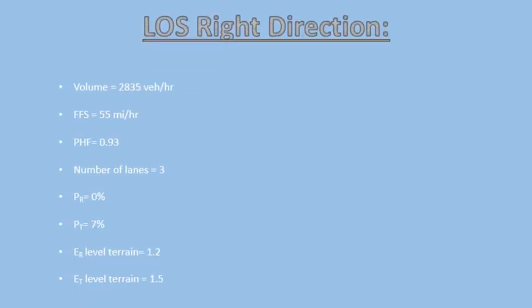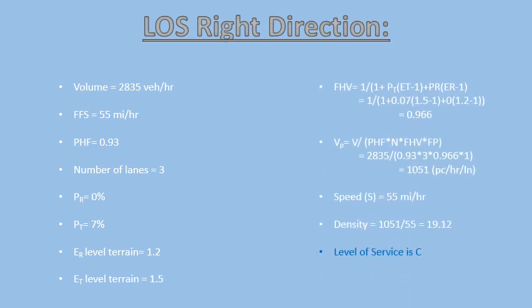The level of service for the right direction. Previously, we found the volume for the right direction to be 2,835, the free flow speed is equal to 55 miles per hour, and the peak hour factor is 0.93. The number of lanes for the right direction is equal to 3. PR is equal to 0%, and the trucks' percentage is equal to 7. ER and ET for level terrain are found from the table, which are 1.2 and 1.5.